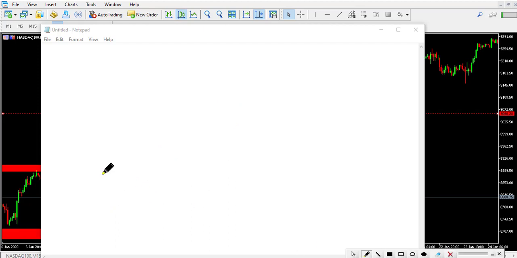Sorry, my screen marker is misbehaving. Okay, so I have to start again. This is one characteristic of an uptrend. So what you do when you come to the market, first of all, identify that you have these characteristics.